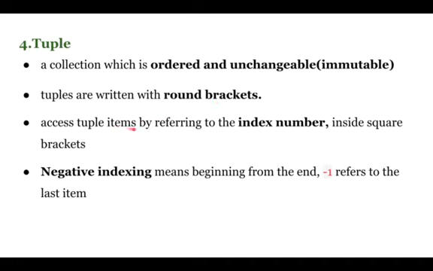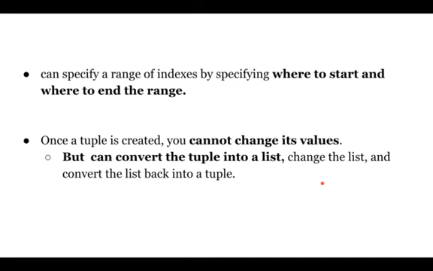You can access the tuple items by referring to the index number specified within square brackets. You can also use negative indexing here, which means beginning from the end. Minus 1 refers to the last item. And you can also specify a range of indexes by specifying where to start and where to end the range.